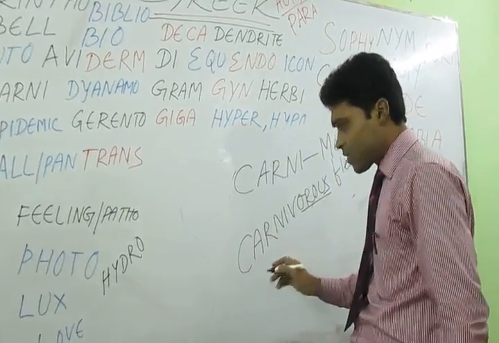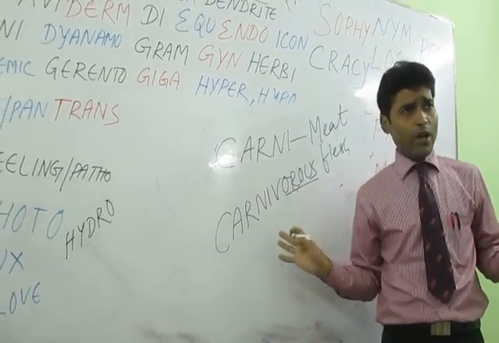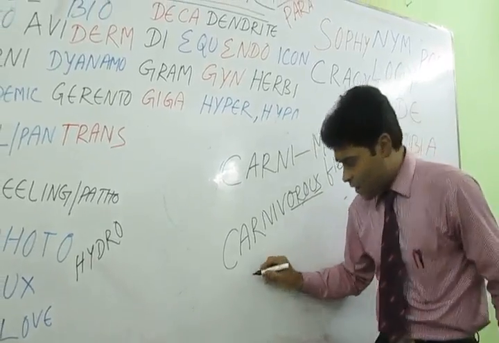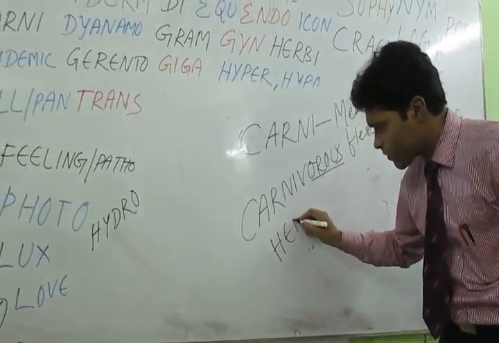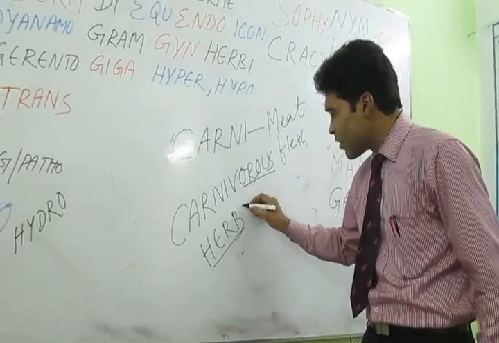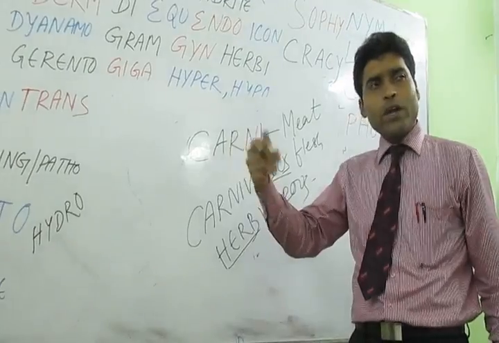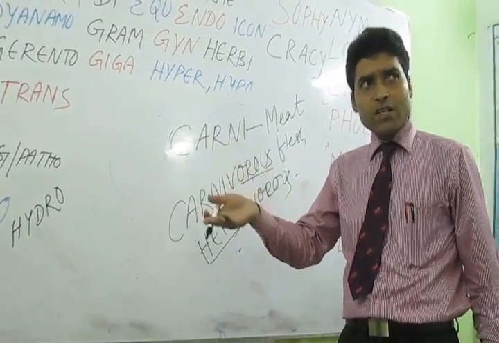So carnivorous means those animals who eat flesh. Another word is herbivorous. Herb means grass, vegetation. So herbivorous means those animals who live on grass only.